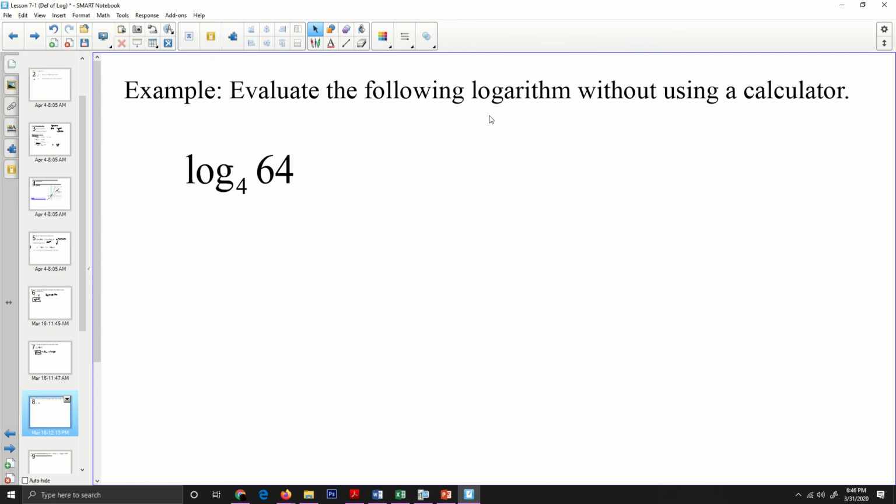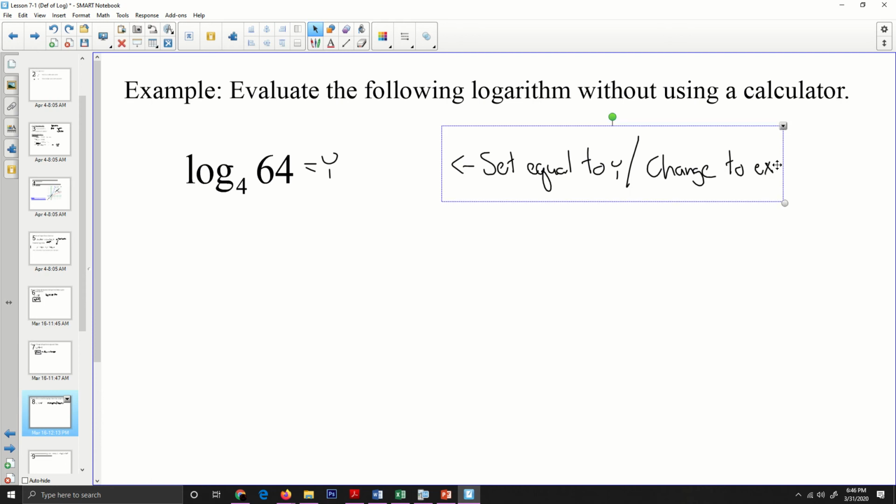It says evaluate the logarithm without using a calculator. And so if they're asking you to do that, 4 and 64 are both perfect powers of some similar base. And so what we're going to do here is set this thing equal to y, and then change to exponential form.